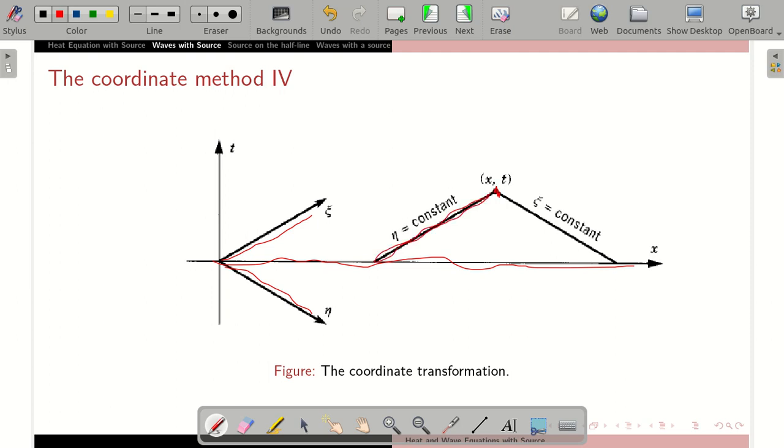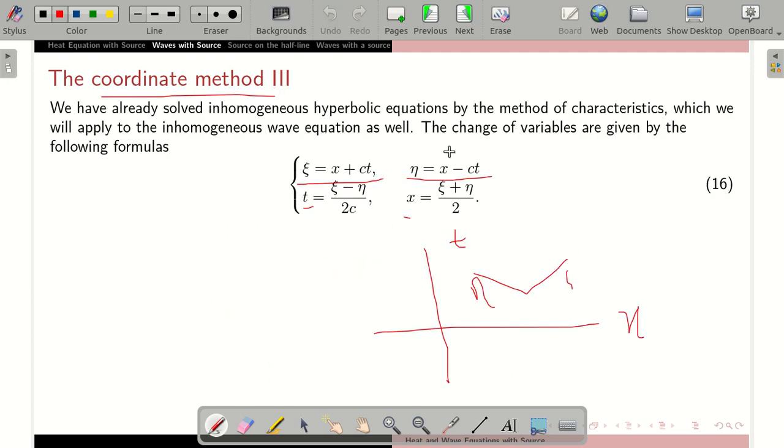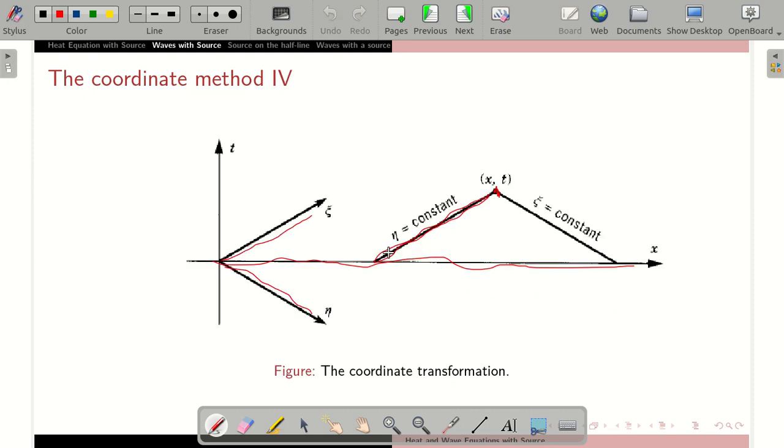This is x minus ct, this is eta. I will show with blue, x minus ct, and this one is x plus ct. This is xi, which remains constant along these lines.